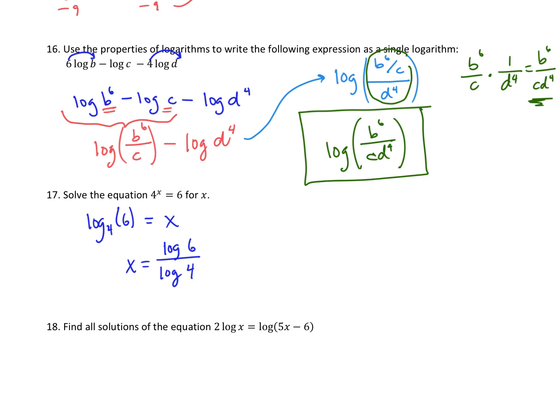So then you can just type that into your calculator. And when you do that, we get, I'm going to round to the nearest hundredth, 1.29. Again, you also can type this into your calculator. It's just a matter of, you can't use the log button that you see on your calculator. You have to dig into one of the menus to find that.